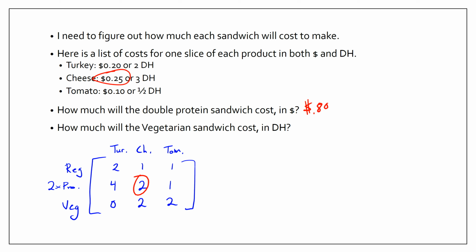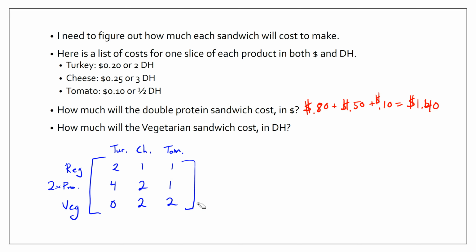Cheese, there are 2 slices at 25 cents each, so 2 times 0.25 is 0.50. And then the tomato costs 10 cents, and there's only 1 slice, so 10 cents. If I add together all those costs, the sandwich is going to cost me $1.40. And I could tell by comparing the information.